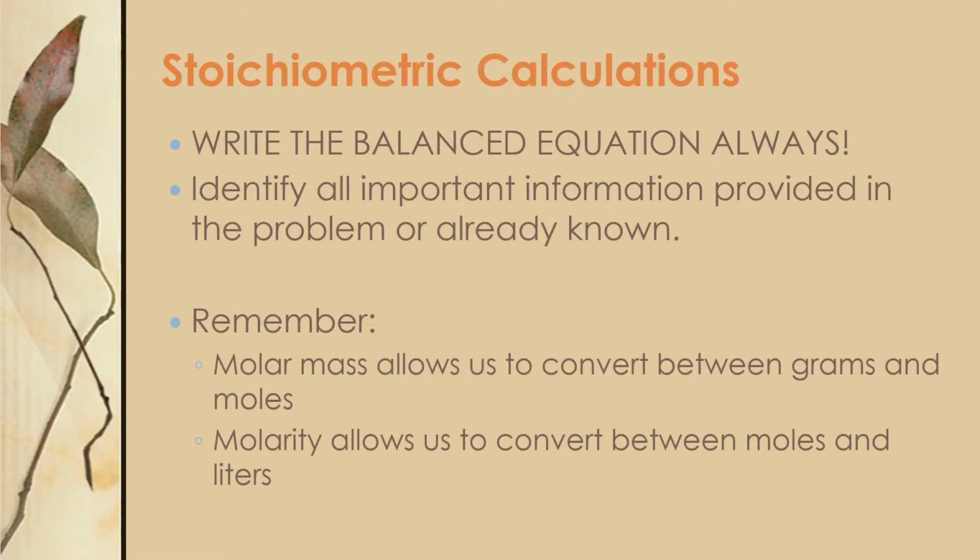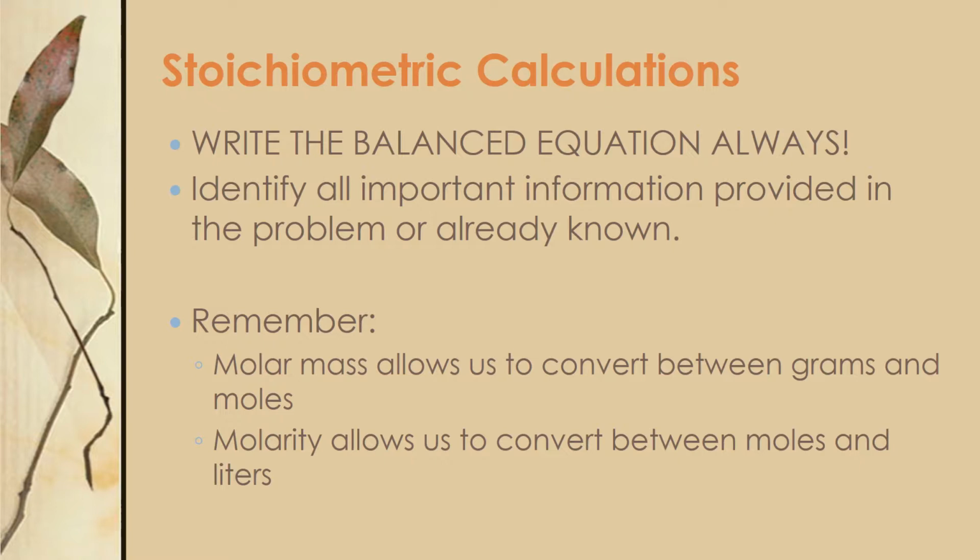Everyone's favorite. We're going to add some stoichiometry to our gas laws. First things first, if it's not given, write the balanced equation. The balanced equation is almost always necessary for a given problem. Then, identify all important information that's provided in the problem or that you already know.